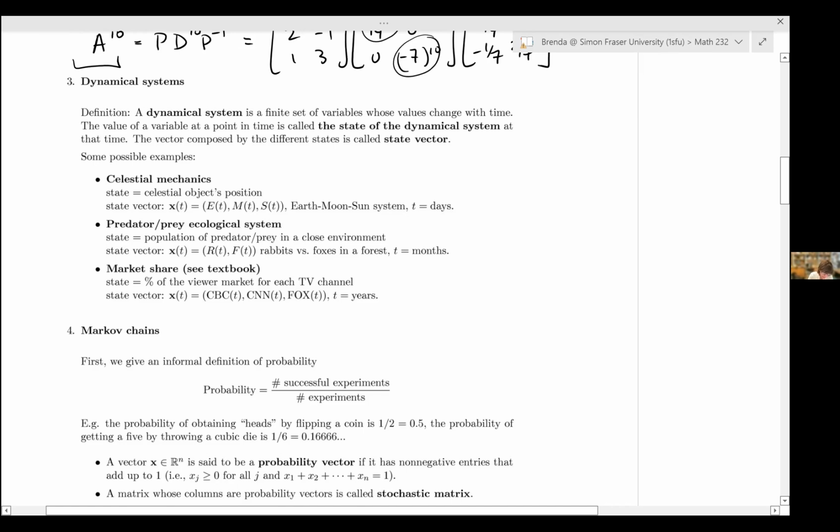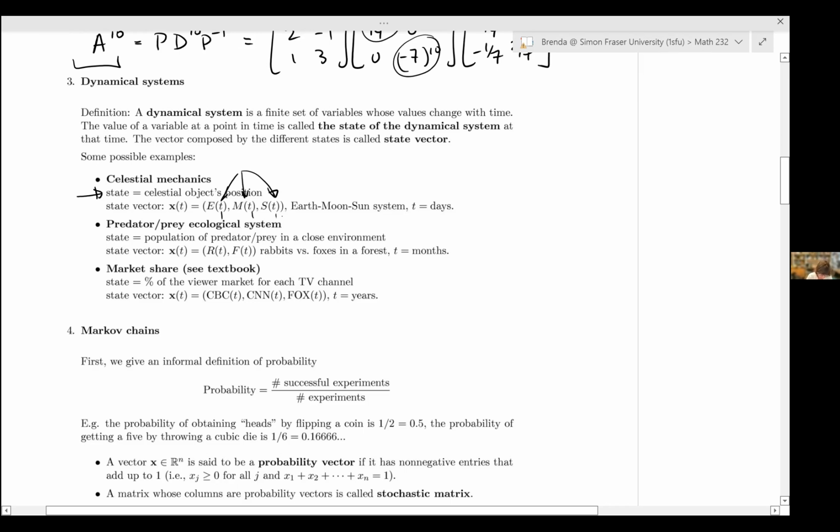We could have a state as a celestial object's position. Then we could have a state vector consisting of the position of the Earth, the position of the moon, and the position of the sun. That would be a state vector, based on a certain time t, and it would change over time.